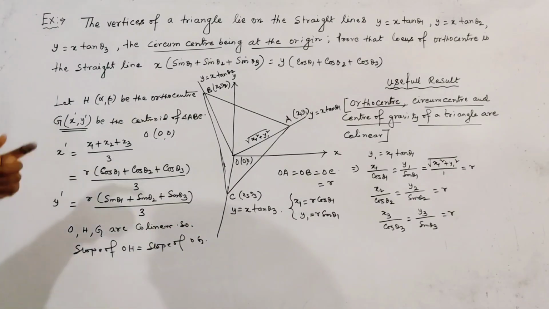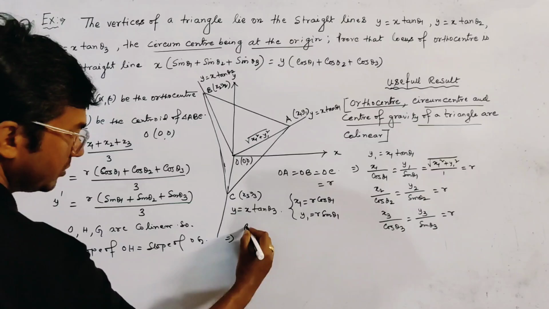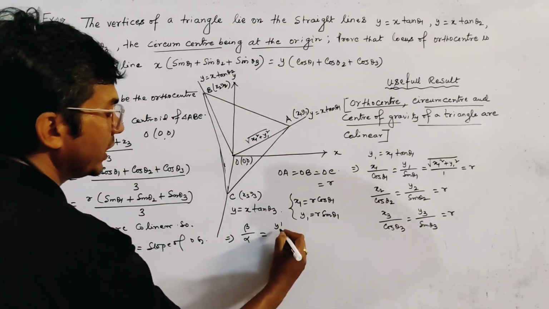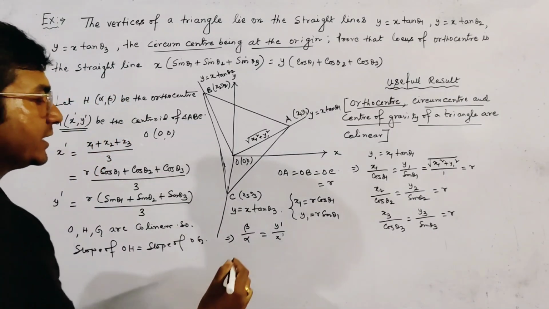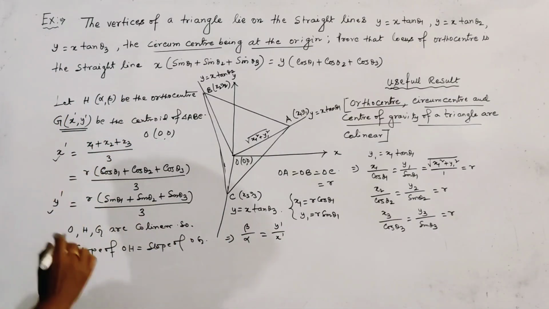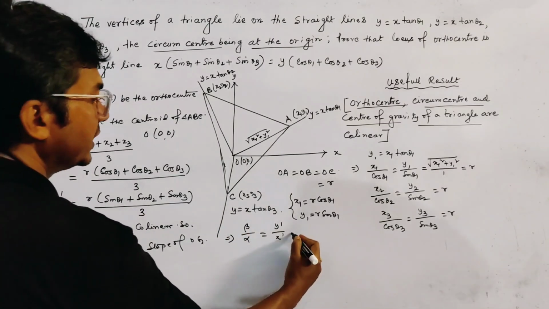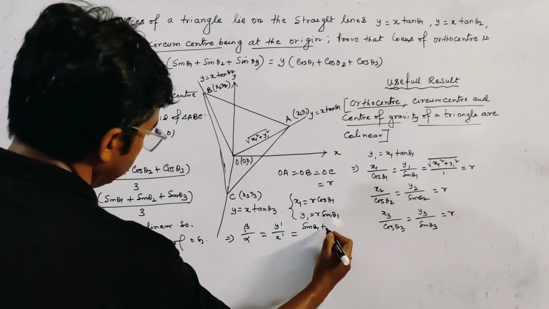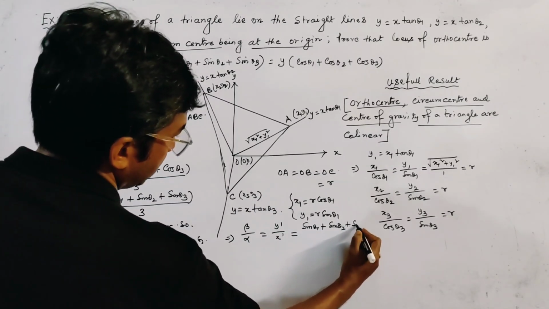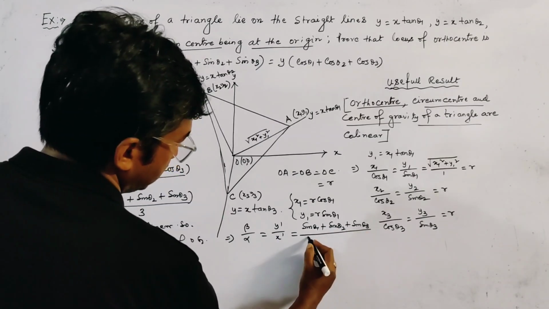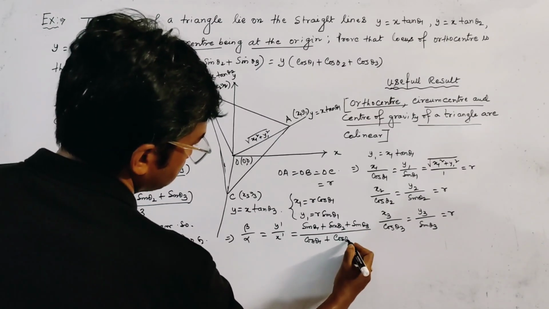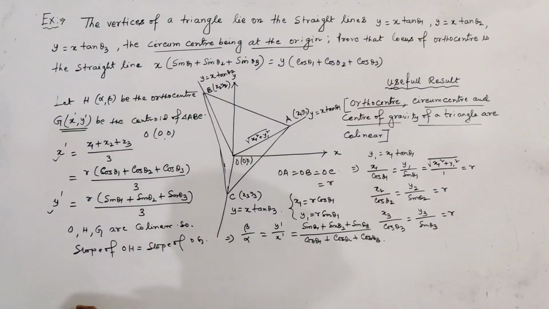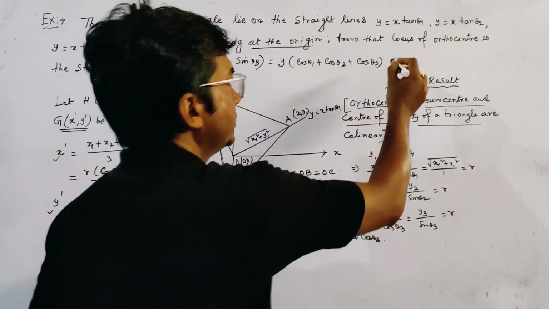The slope of OH is given by beta by alpha, and the slope of OG is y dash by x dash. Now putting the values of x dash and y dash here, we get the result: beta by alpha equals (sin theta 1 plus sin theta 2 plus sin theta 3) by (cos theta 1 plus cos theta 2 plus cos theta 3). Okay, and we have to find the locus of the orthocenter.